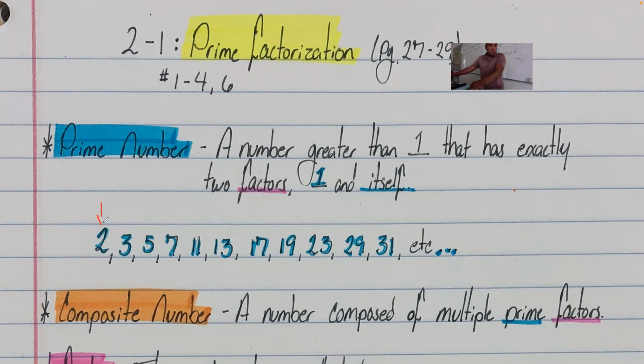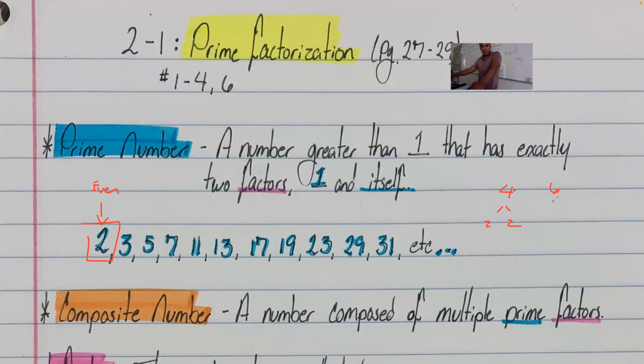Notice that the number 2 is the smallest prime number, and it's the only even prime number. Meaning that all the other prime numbers, beginning with 3 and onward, are odd. That is because any even number after the number 2 is always divisible by 1, itself, and at least the number 2. Consider the number 4. 4 can be divided by 2.